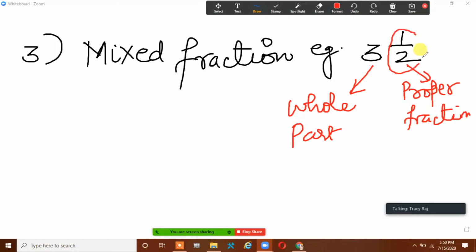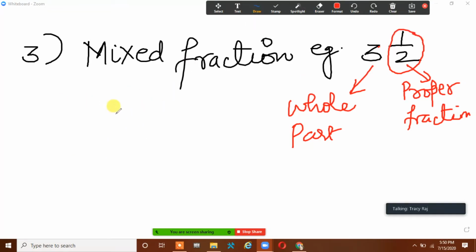You write 3 in the middle, then 1, then one line like this in the fraction. This is called a mixed fraction because it has a whole part plus a proper fraction. A fraction and a whole part together is called mixed. From the word it is very clear. Any other example? Like 6 1 by 4, 8 1 by 2, 8 3 by 4, all are mixed fractions.